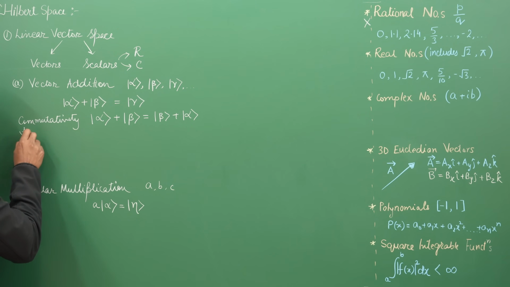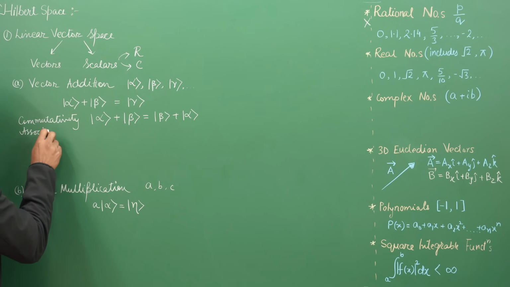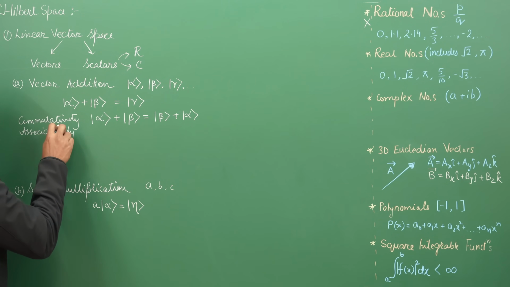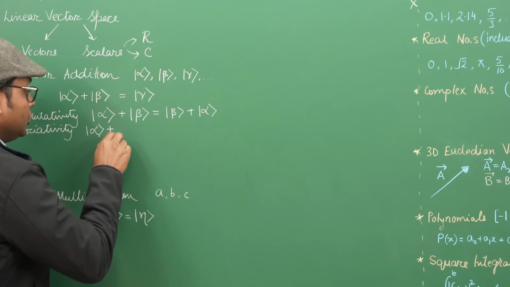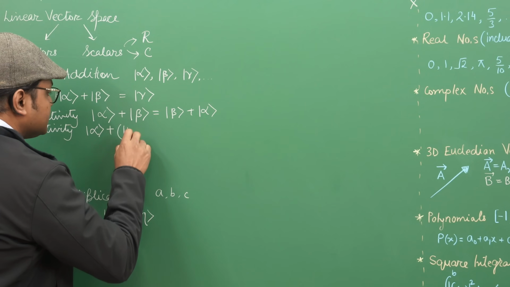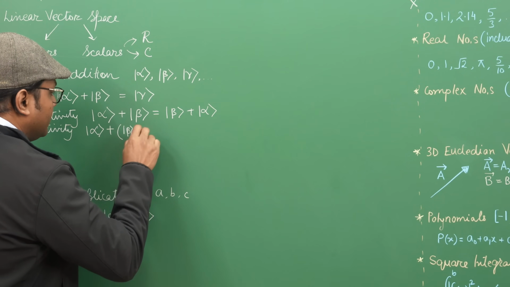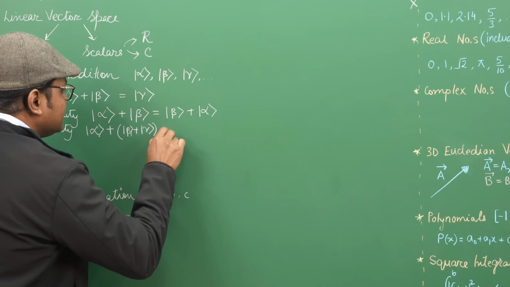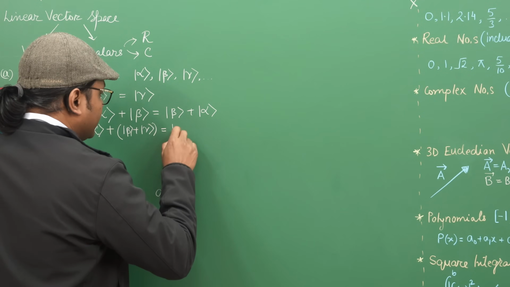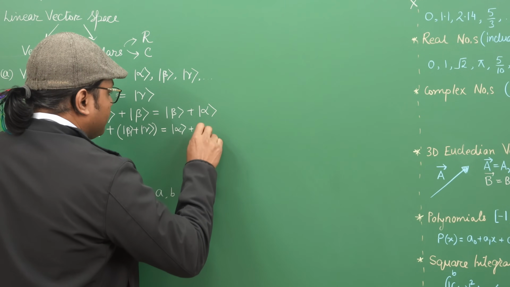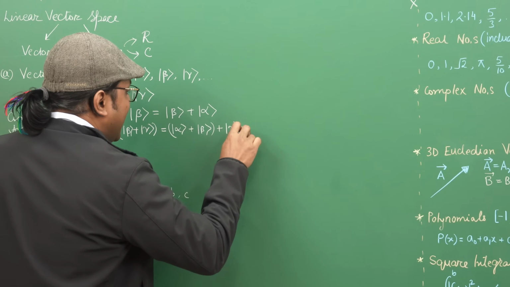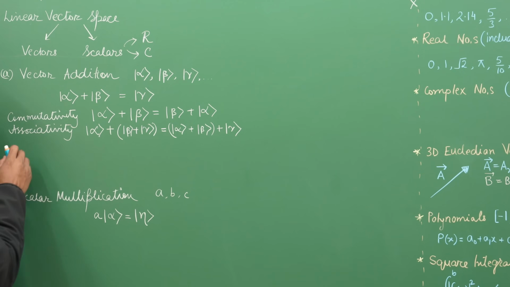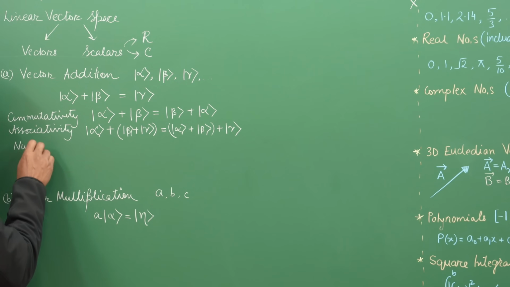Also, there is a property of associativity, which means that if I add a vector alpha to the sum of two other vectors, beta plus gamma, this is equal to the sum of the vectors alpha and beta added to the vector gamma as usual. We can also define a null vector here.